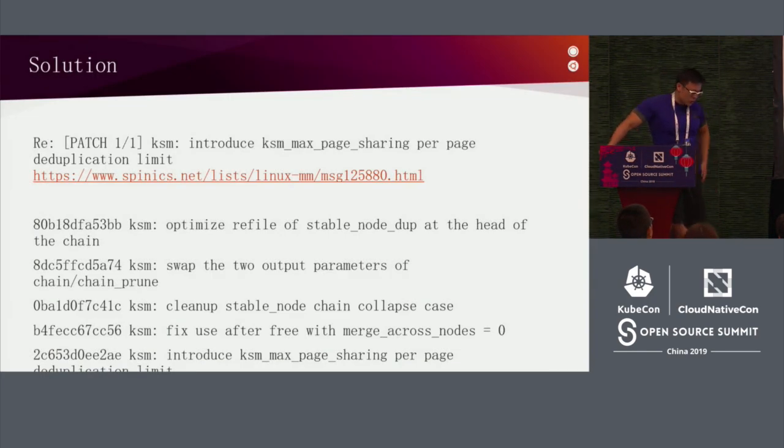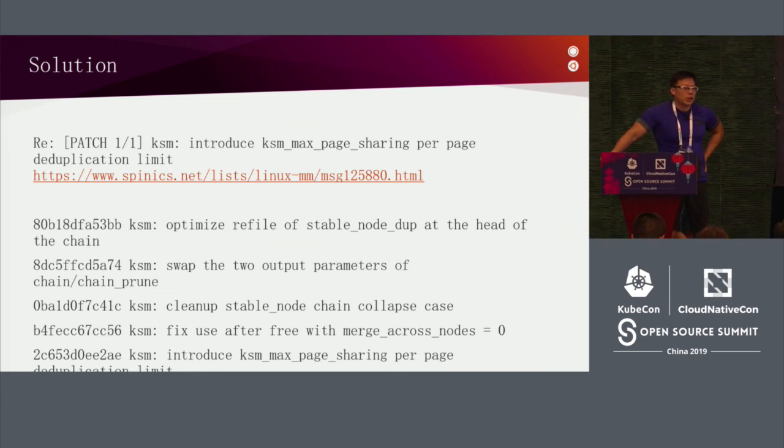So how can we do it? We want to shorten it. The upstream does not have the code. In 2015, an engineer proposed it, but it was rejected by the kernel maintainers.